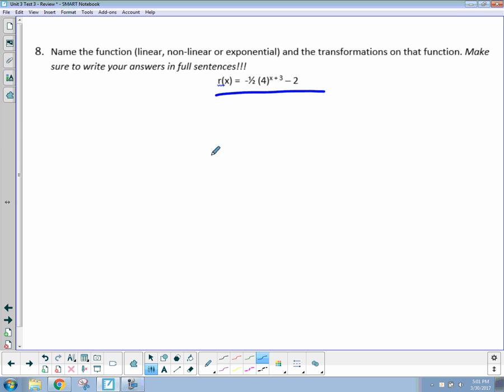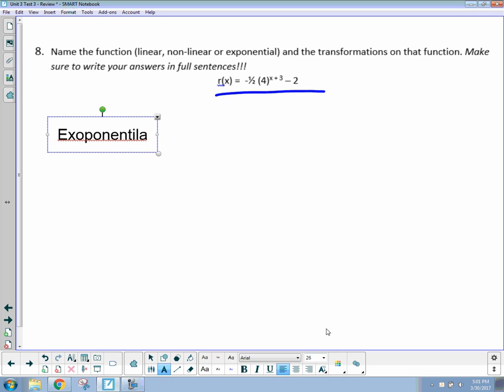So this is going to be exponential function R. Alright, R, sorry, I feel like I gave y'all the wrong worksheet, not sure.